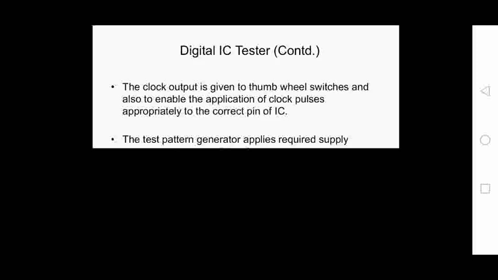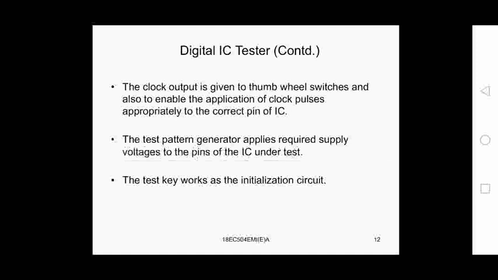The clock output is given to the thumb wheel switches. From the diagram you can see that the output of the clock is given to the thumb wheel switches, which will enable the application of clock pulses appropriately to the correct pin of the IC.